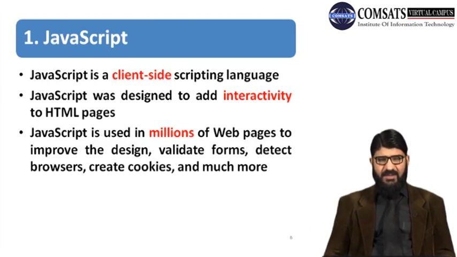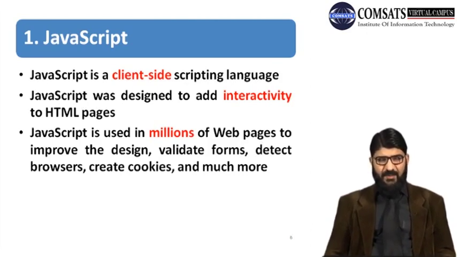Let's see what JavaScript is. JavaScript is basically a client-side scripting language, meaning it is used on the user's PC. JavaScript was designed to add interactivity to web pages, HTML pages.